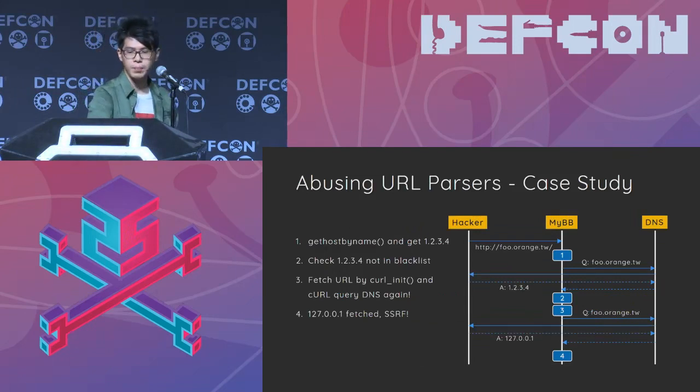So we set up a DNS server and lead the first query to a non-blacklisted address, such as 1.2.3.4. After we pass the check, MyBB will fetch the URL and query the domain again. At that moment, we change the DNS record to 127.0.0.1. The state in check is 1.2.3.4, but the state in use is 127.0.0.1, so we can bypass the protection.